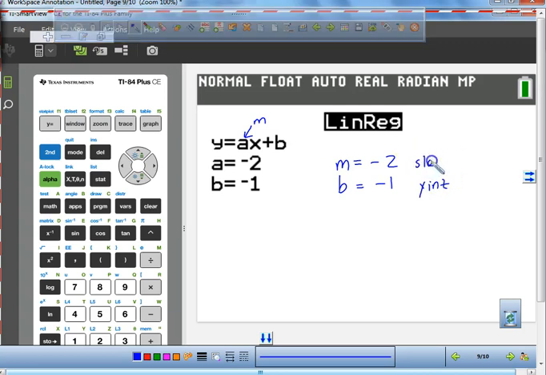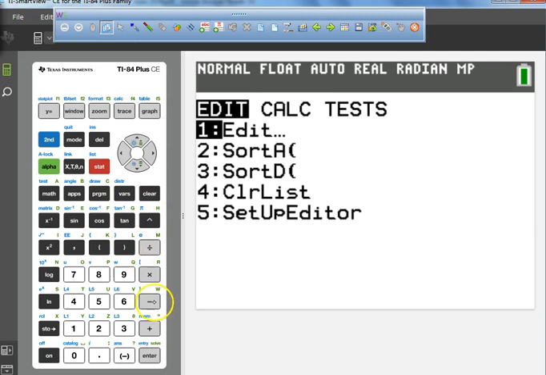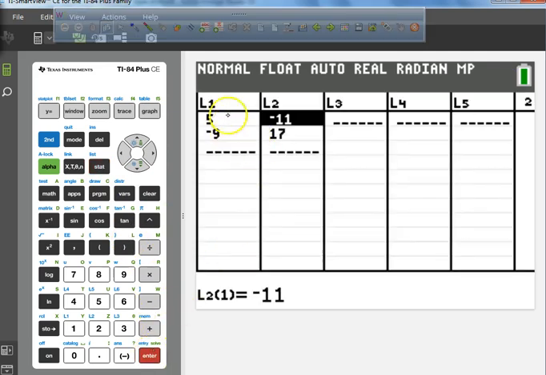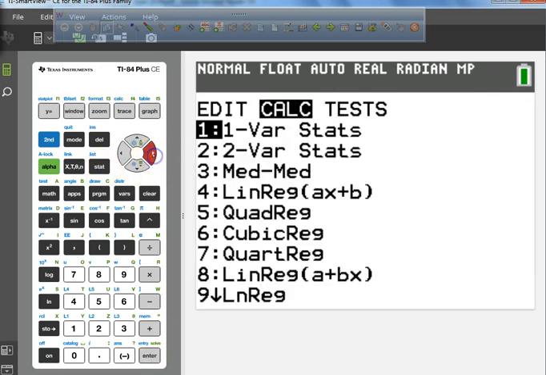This is your slope. So right now, all we needed to know in this problem was the slope. That's all we needed to know. All right, one more time. How do we get the slope and the y-intercept? If you hit stat and enter, you have to make sure that these are your x values and these are your y values. Once you have that, you hit stat, right arrow.